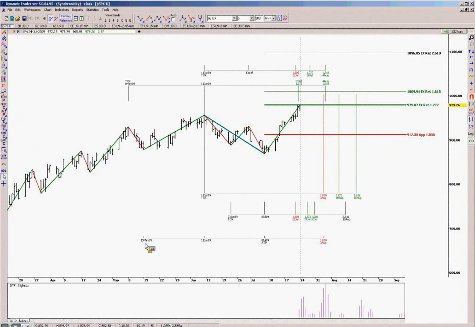I took a low to high swing and projected it from the low made on July 8th, and 100% in time comes in on August 3rd. Then there's also, and the highs are a little bit different on the cash versus the contract.